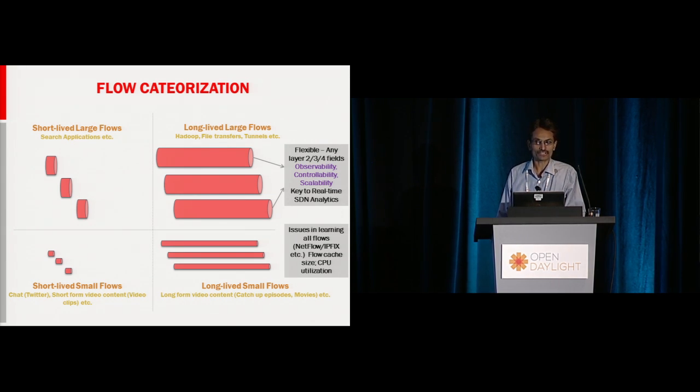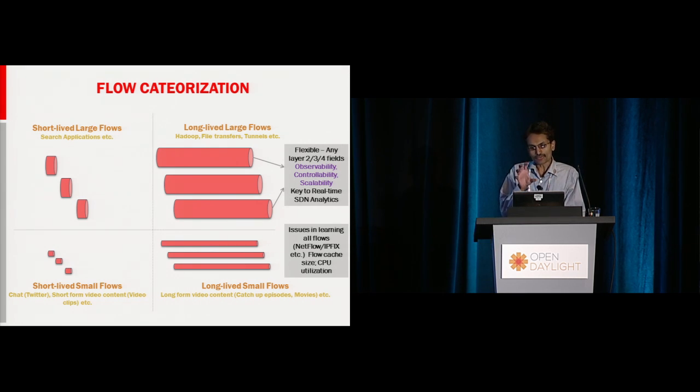One is large flows, like search applications, and the short-lived small flows, chat or short-form video content, video clips, etc. Then on the right side, you have the long-lived flows, in two categories: long-lived large flows, like file transfers, tunnels, or the Hadoop shuffle phase, large file exchanges. Then you have the long-lived small flows, essentially video content, which lasts a long time but has low bandwidth, like catch-up episodes, movies.